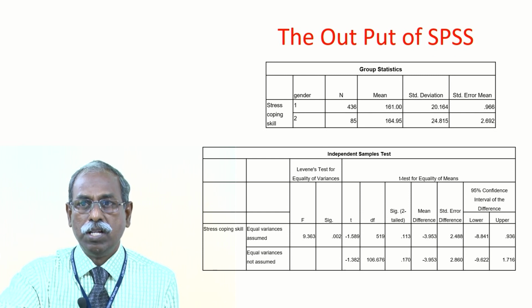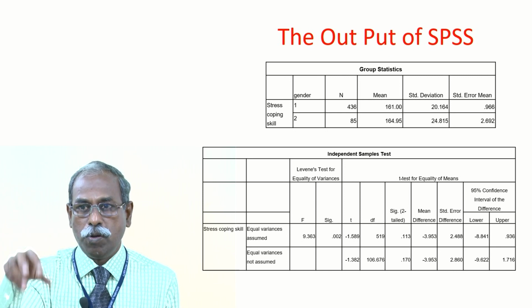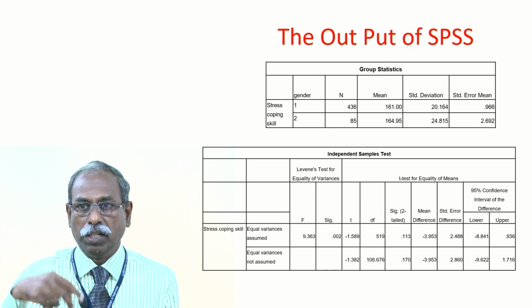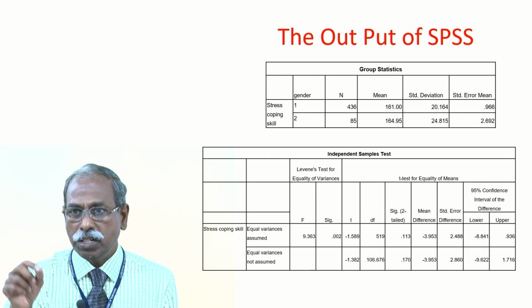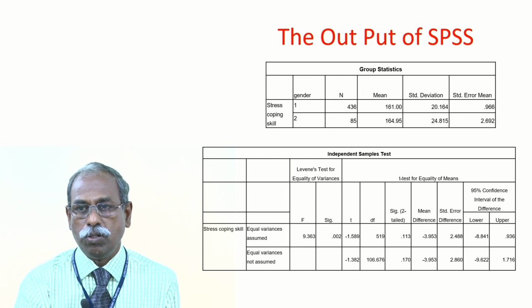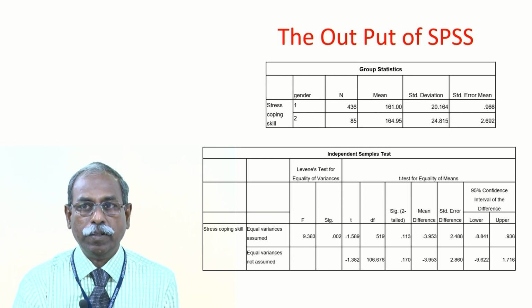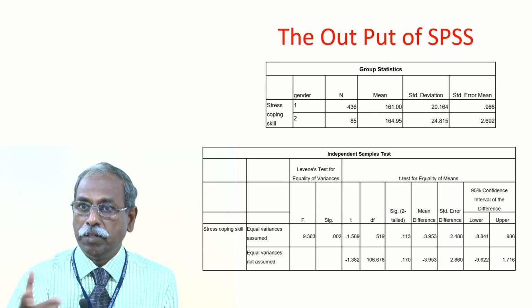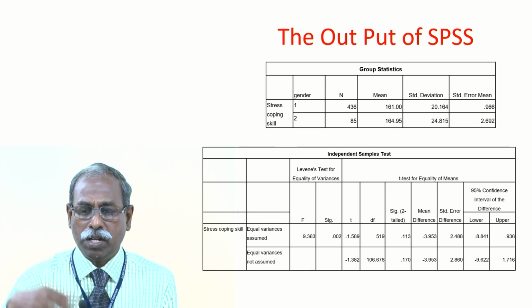To manage stress, at least you should practice meditation, or apply your own cognition, try to control your thought process. Or you should do some physical exercise like walking, or some gardening, or listening to music. These are the various methods to manage your stress.